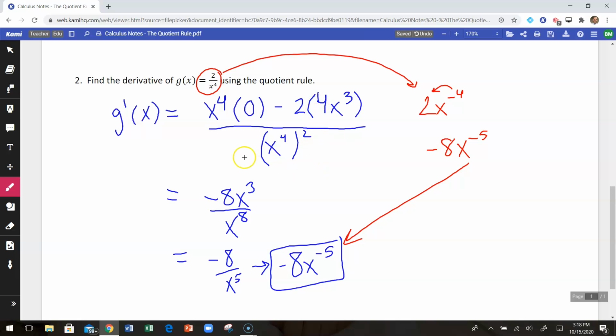Now, I'm not saying here that the quotient rule is unnecessary. I'm just saying for this problem it was unnecessary, and that's because the numerator was a constant. So if the numerator is a constant, don't get stuck in, oh, it's a fraction, I've got to use the quotient rule. Think about, could you rewrite this to make it simpler so that you don't have to use the quotient rule? And that's oftentimes going to be much quicker than doing the quotient rule.